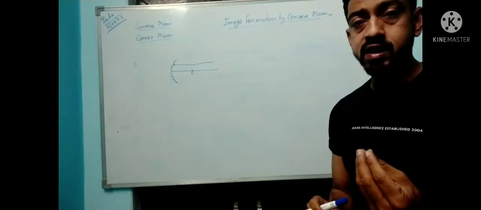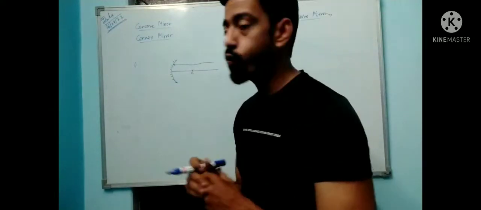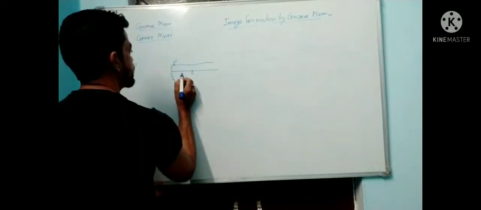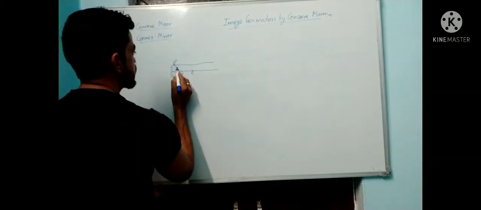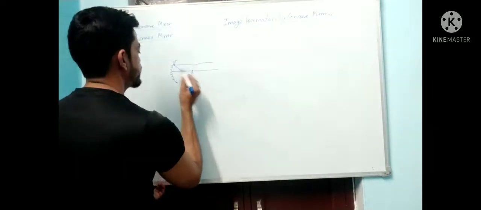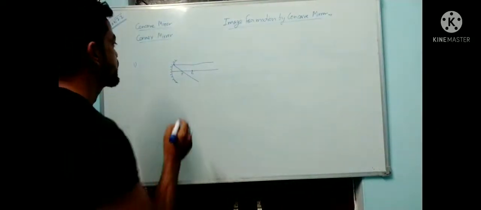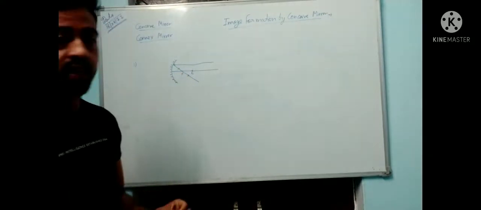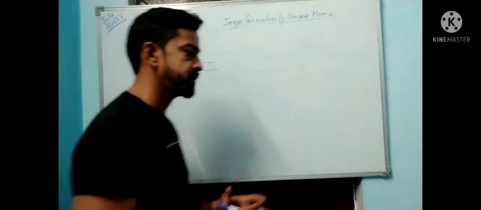It passes through its focus, somewhere in the middle of the radius of curvature, so it reflects back due to its concave nature. So we say that when any ray parallel to the principal axis is incident, it reflects back through a point called the focus.